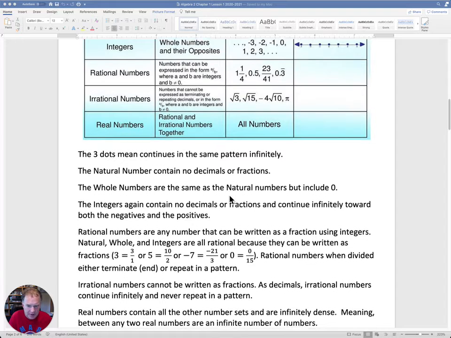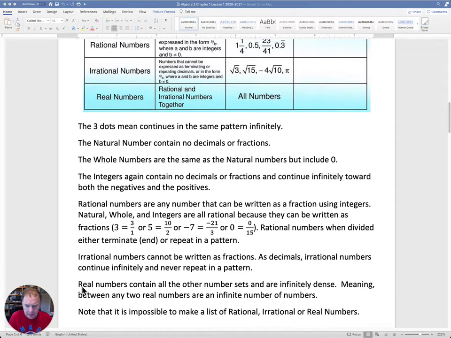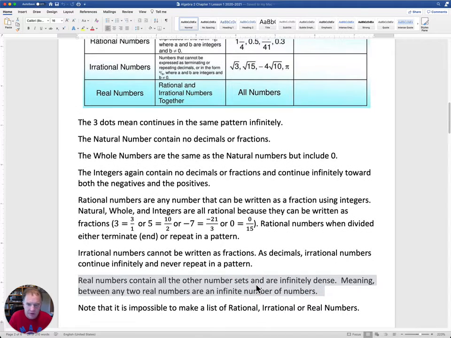Now, some of what I just talked about is explained below. I will point out here, the real numbers are kind of a different beast. You can't make a list of them because between any two real numbers, there's an infinite number of numbers. Think about that. They're infinitely dense.